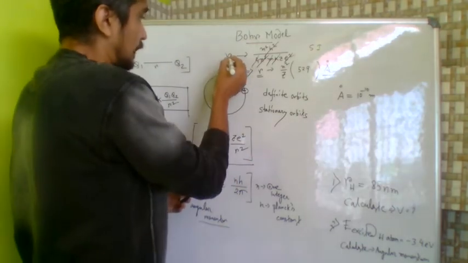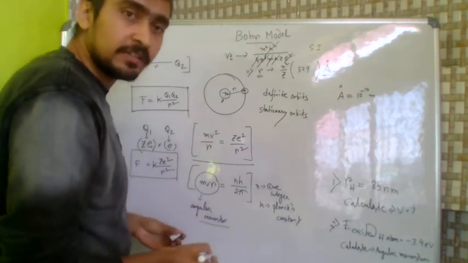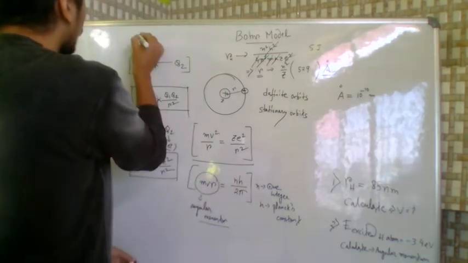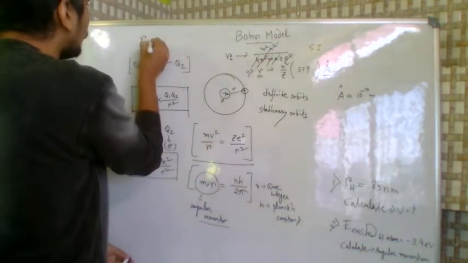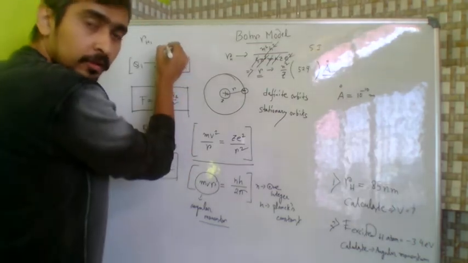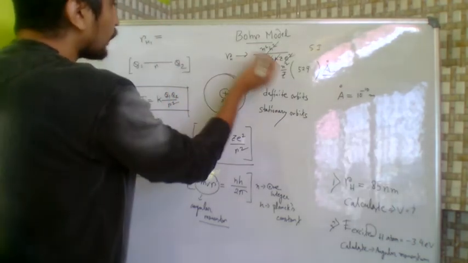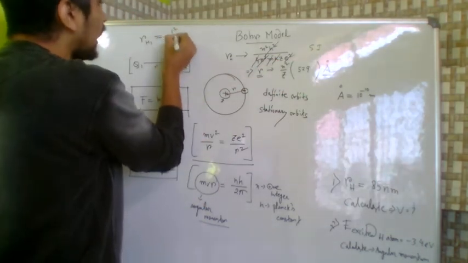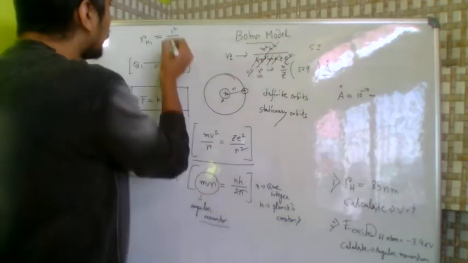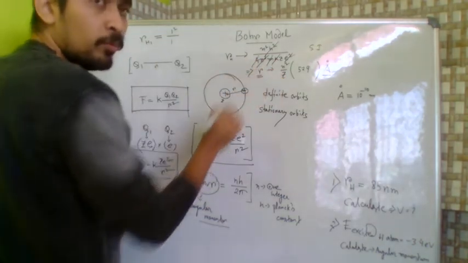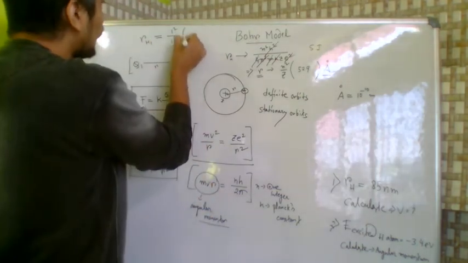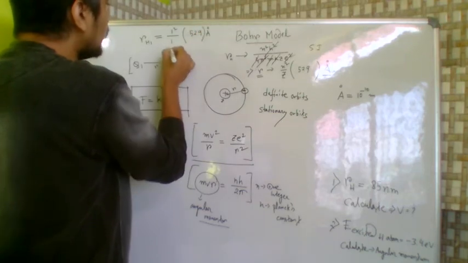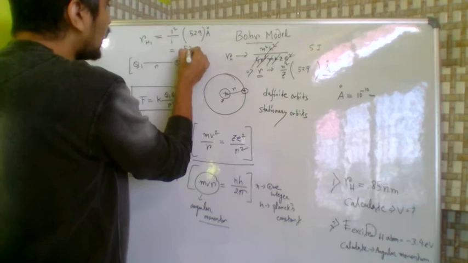If we want to calculate the radius of the first orbit of hydrogen atom, n is the number of orbit, so 1 square by Z, which is also 1 because it is the number of protons, into 0.529 angstrom.